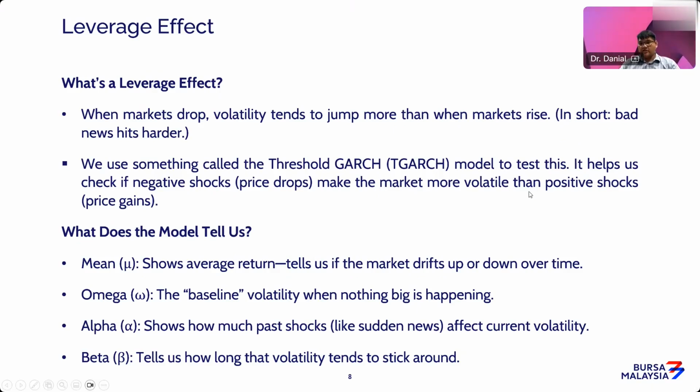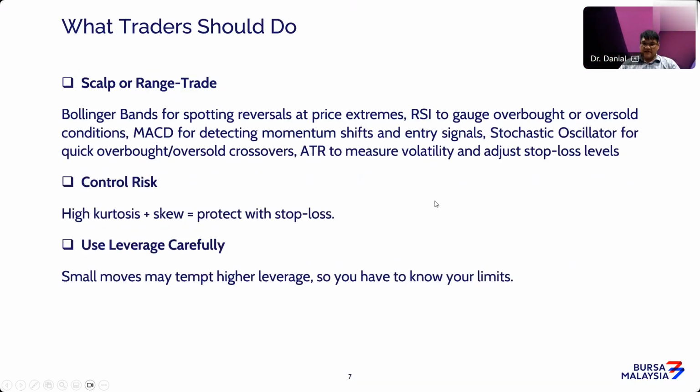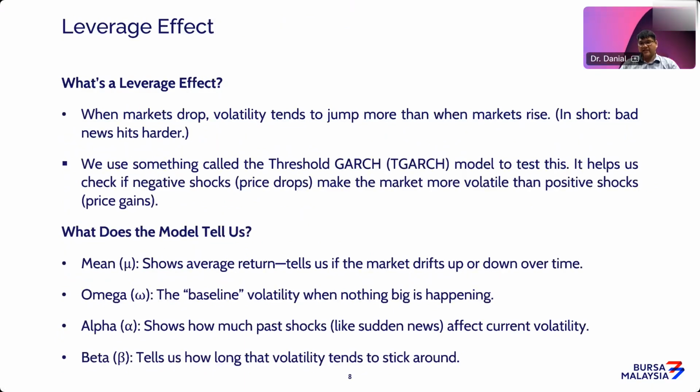So what's with the threshold GARCH? It helps us to check if negative shocks make the market more volatile than positive shocks. So far, it just gives us some indication. However, we need something more robust, some metric that will give us more reliable numbers and a more convincing decision that negative shocks in the LCF futures make the market more volatile than positive shocks.